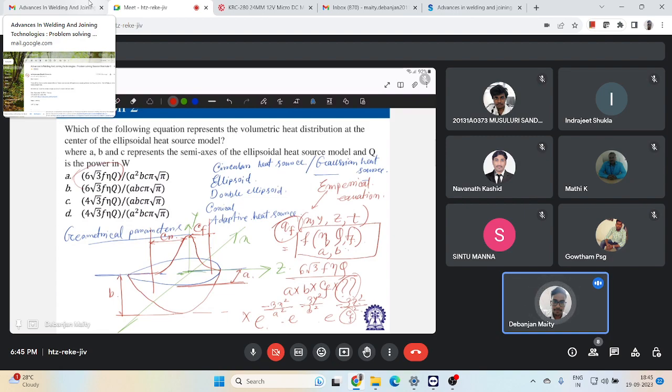So this was the 6 root 3 f eta q ABC into root pi, that into this. Now at the center, can you tell me what will happen? So basically you need to find out q at 0, 0, 0.